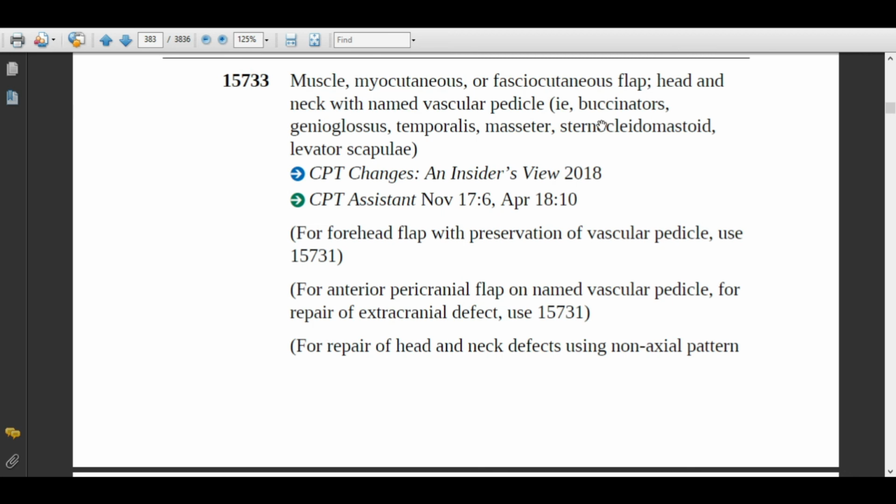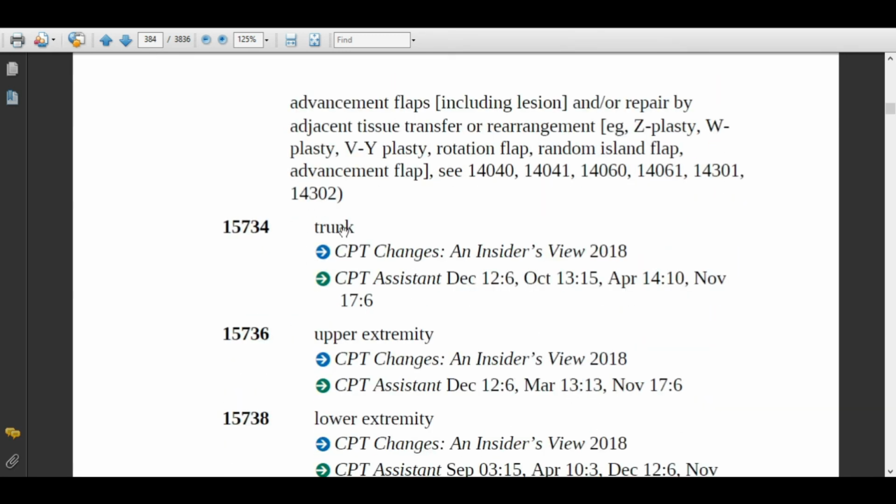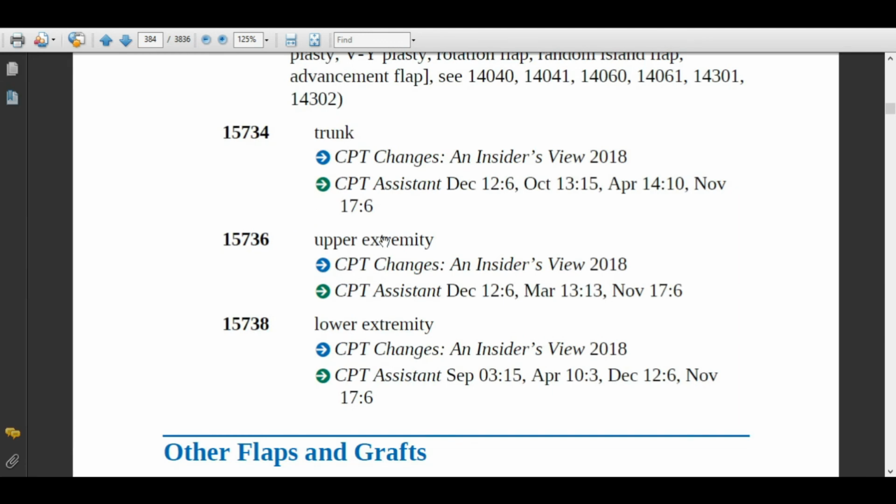After closing the donor site, he applied a dressing to promote healing. So assign the code 15733 if this procedure was performed on the head, neck or jaws. And also based on the anatomical site like trunk, assign the code 15734. If the anatomical site is upper extremity, assign 15736, and 15738 for lower extremity.